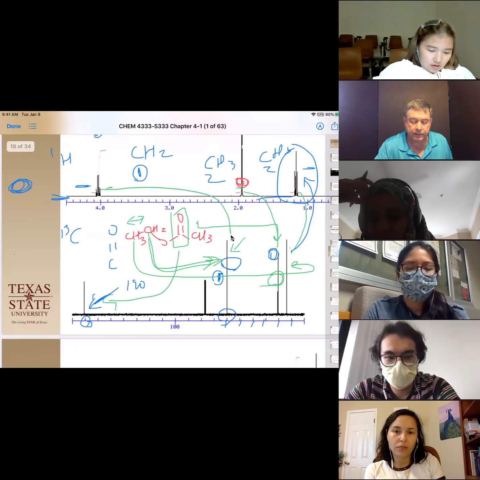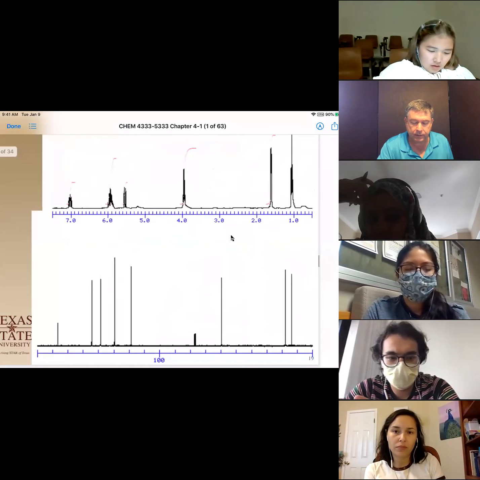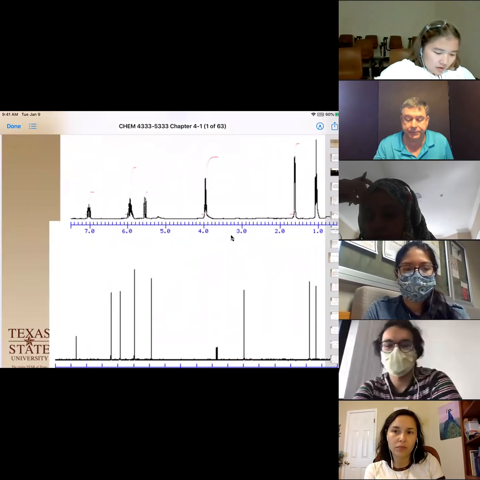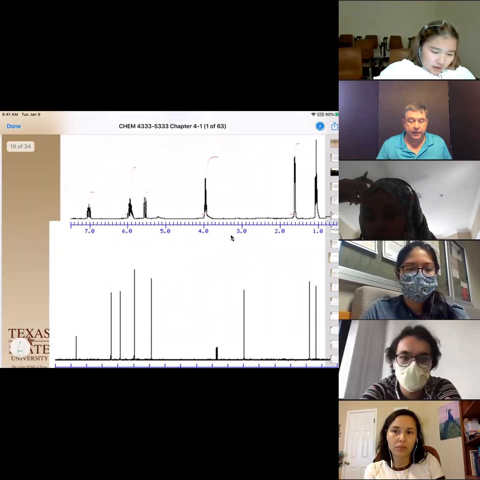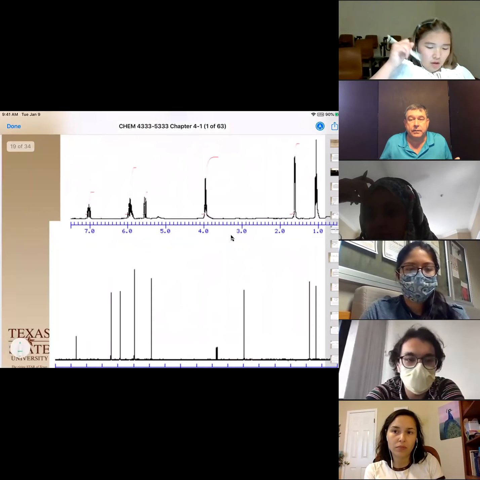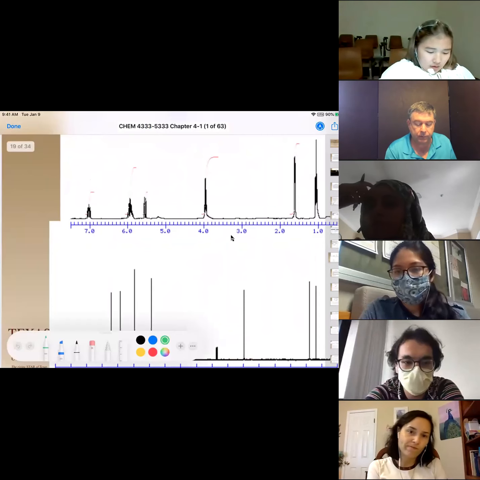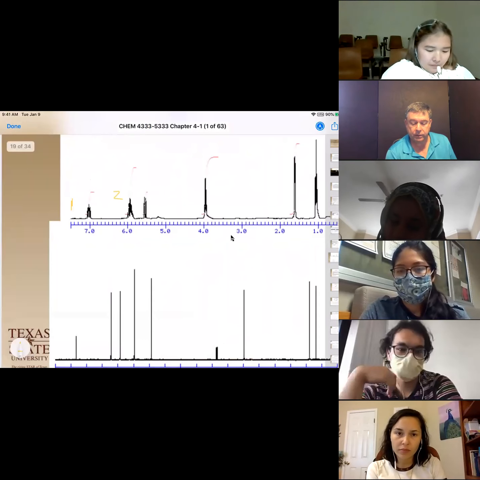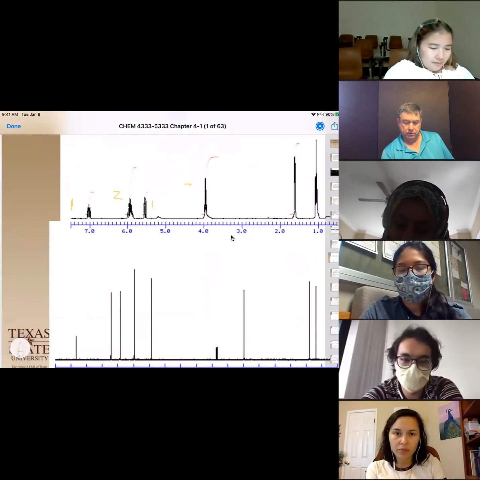Okay, so now let's do a little harder one. Okay, gosh, really messy, and we can't tell what our splitting is. Okay, let's just look at our proton NMR real quick. We have what looks like a 1 proton, 2, 1. That's probably 3.